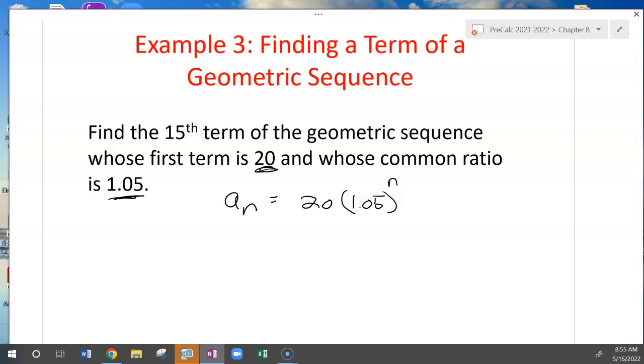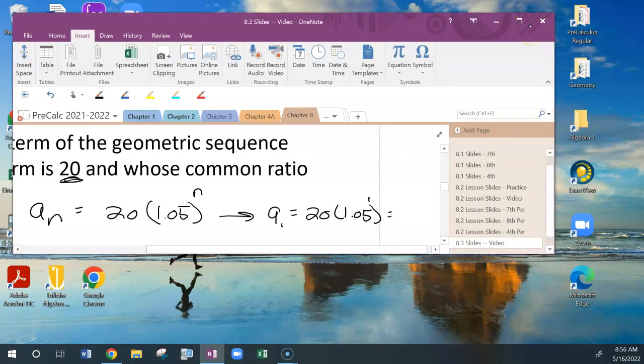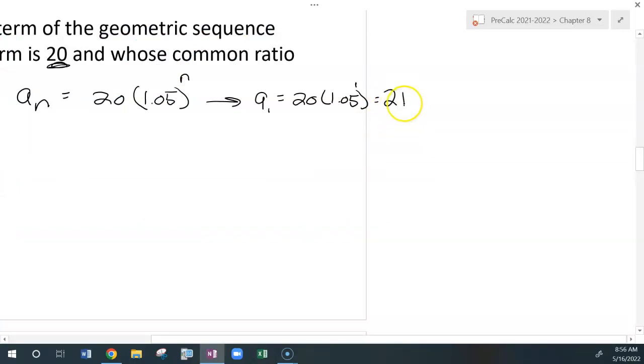Because if I do it like this, then a sub 1 is going to be 20 times 1.05 to the 1, which, if you do that, you get 21. So we can't just do 20 times 1.05 to the n, because we're getting a different number here.